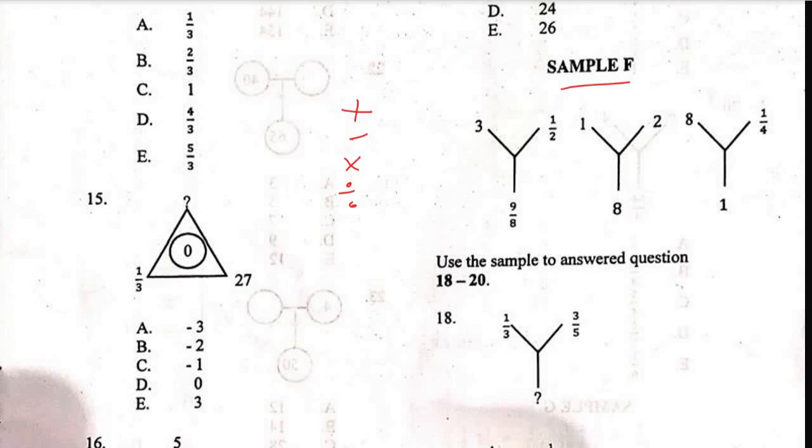Once you can crack the sample, then whatever you are doing becomes easy for you. At times, you may not be able to use the basic operations, or it might have to do with a combination of them, or it can even be square root, cube root, or what have you.